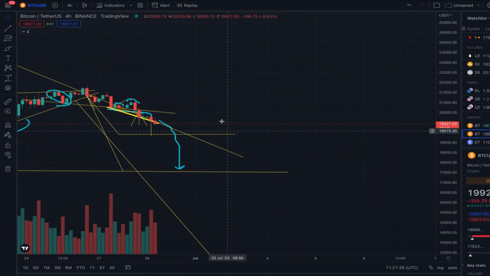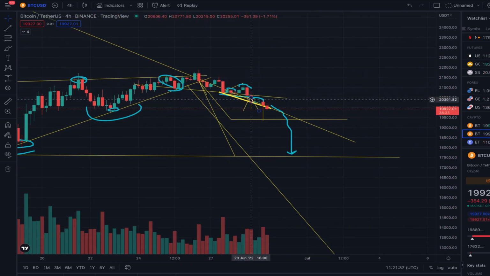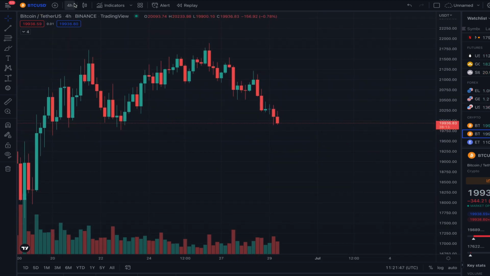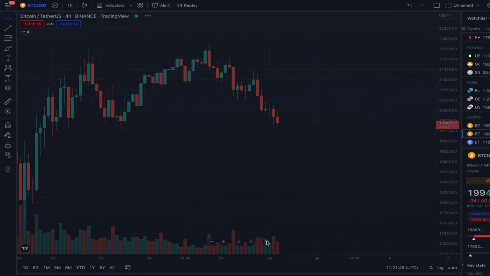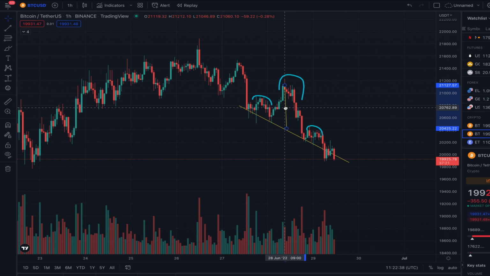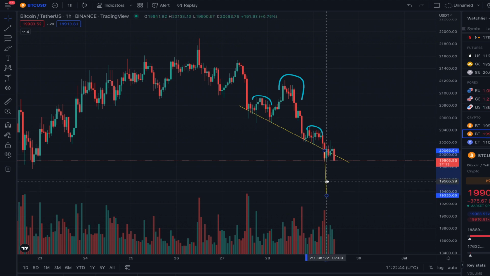This head and shoulders pattern here tells us, if I just remove everything, you will see this right here, which we can see better on the 1-hourly time frame. If we take the price target of this head and shoulders pattern, it will tell us where BTC will eventually go.